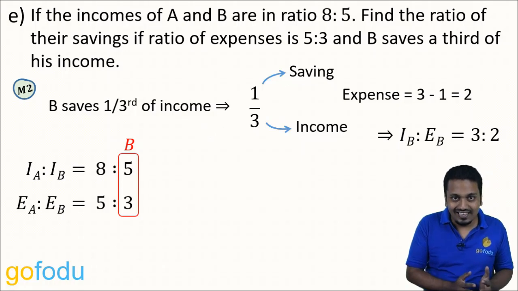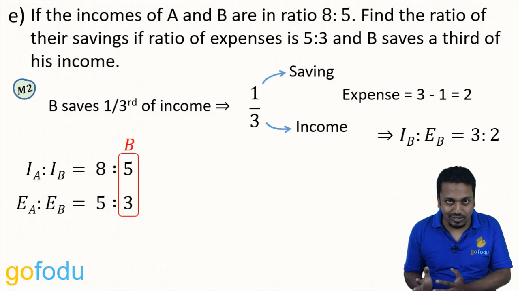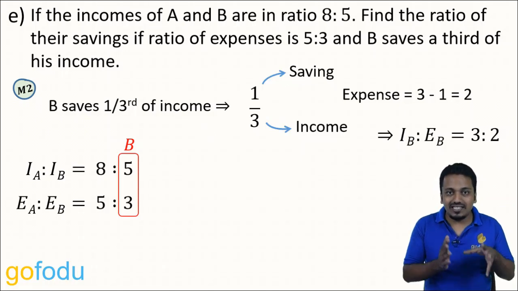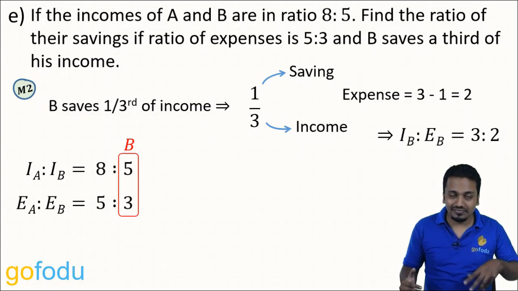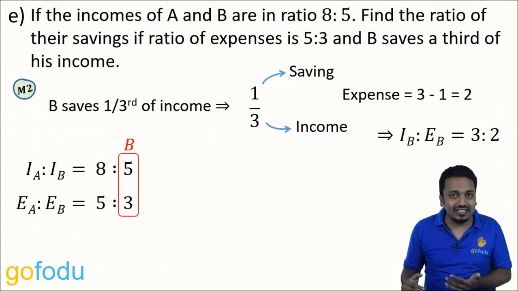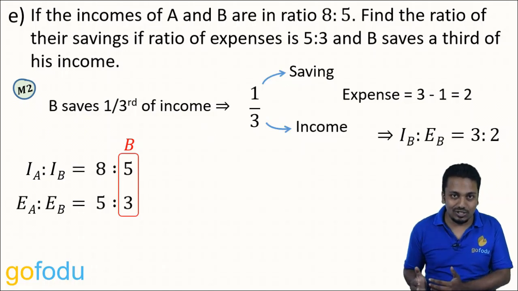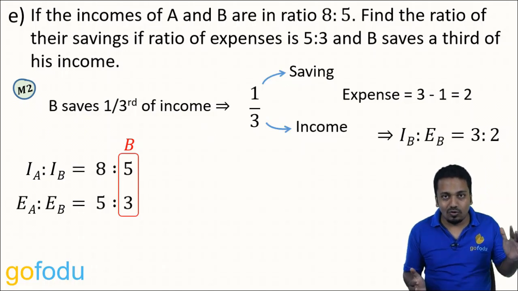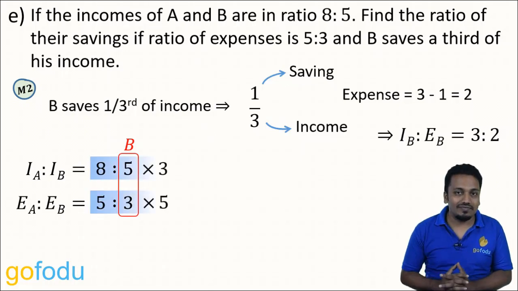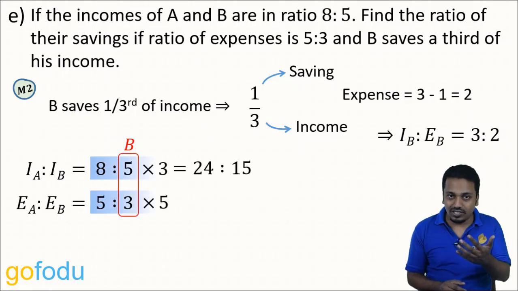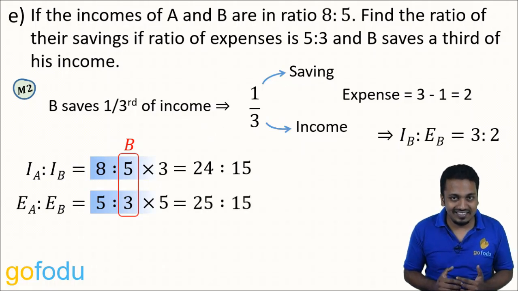For this, the first step is to make the second term the same in both ratios. The LCM of 5 and 3 is 15, so we make the second term 15 in both ratios by multiplying the first ratio throughout by 3 and the second ratio by 5. We get 24:15 and 25:15.